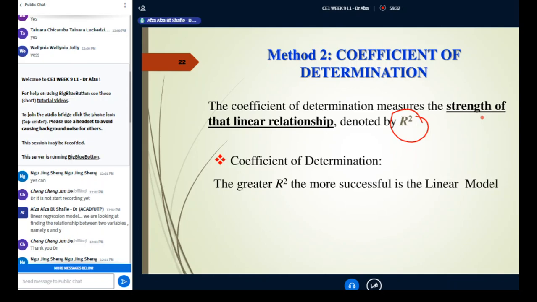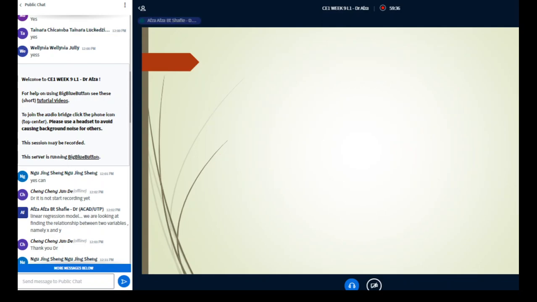Let me give you an example. Let's say this is what we have just now, and these are the points that you observe. Let's say you fit this line.